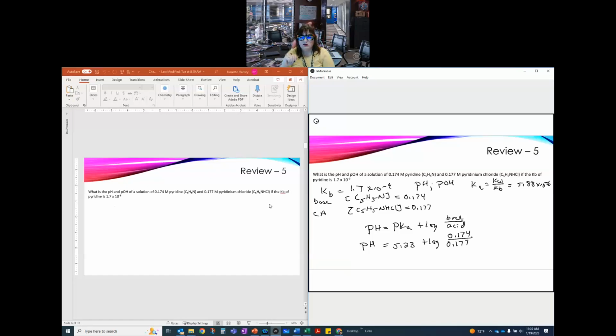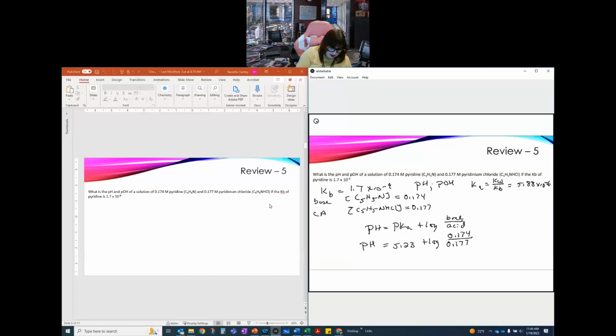Now, can I always use this Henderson-Hasselbalch equation, even though we're talking about a base? Yeah, I can. I just need to calculate the Ka for it. We make sure that everything is still set up the same way. Now, is there an equivalent pOH is equal to pKb plus the log of the acid over the base? Yes, but I don't want to have to remember 2 equations, so that's not what I'm going to do.